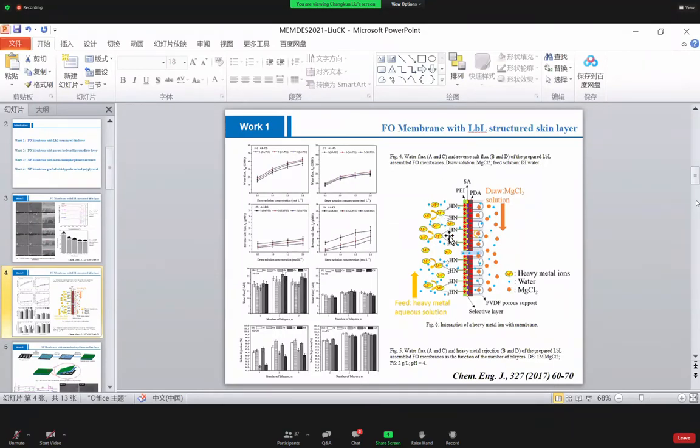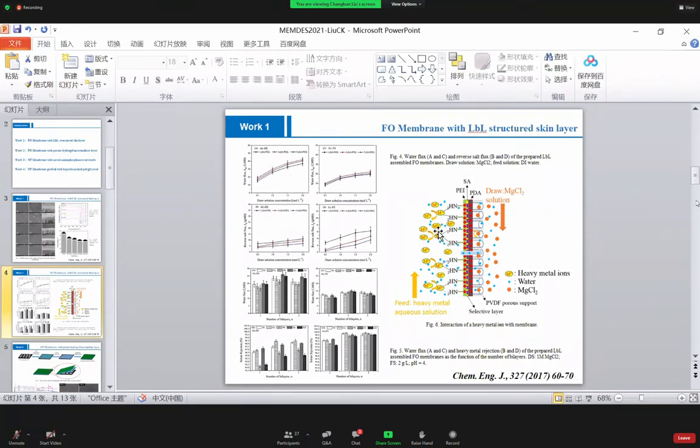The amine groups can form coordinations with the heavy metal ions, so that they increase the rejection and prevent the metal ions from penetrating the skin layer. And also the coordinated heavy metal ions form an electrostatic repulsive force with the incoming metal ions in the solutions, further increasing the rejection.